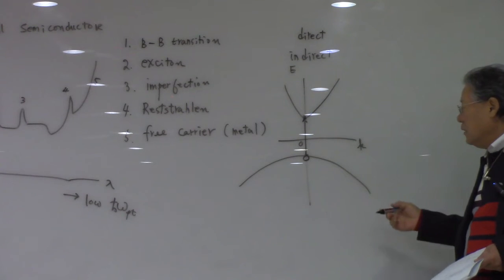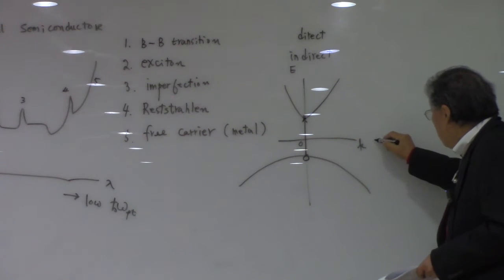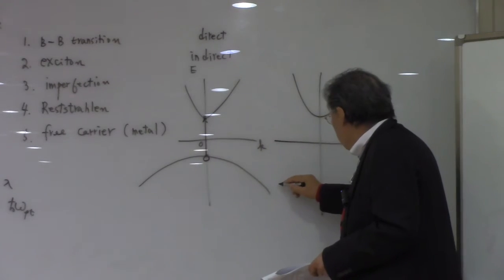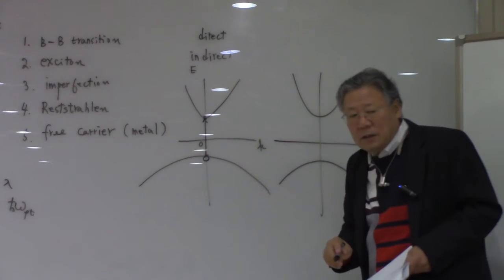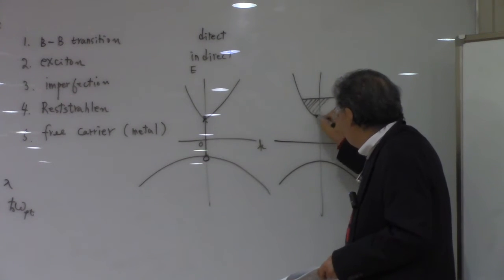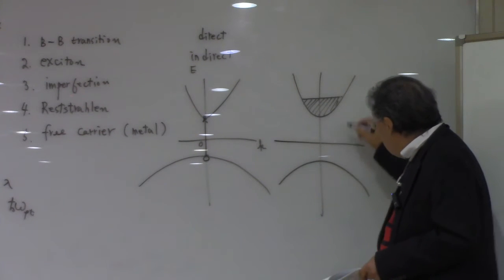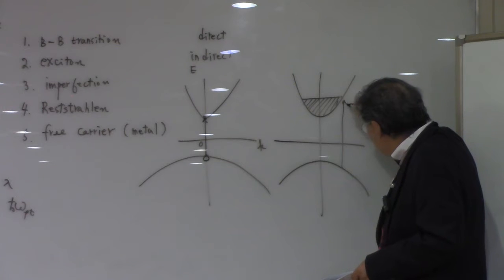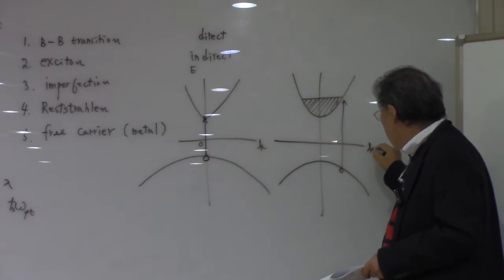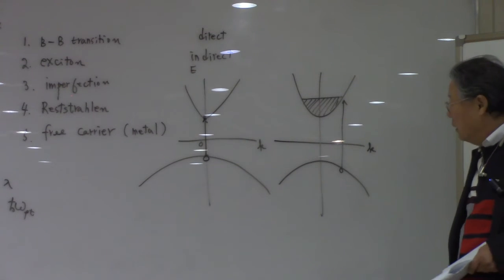So in this case, we're going to have a direct transition. Or if you have band structures like this, but some of the conduction band has been filled with electrons, then direct transition can happen this way, right? So that's the direct transitions.